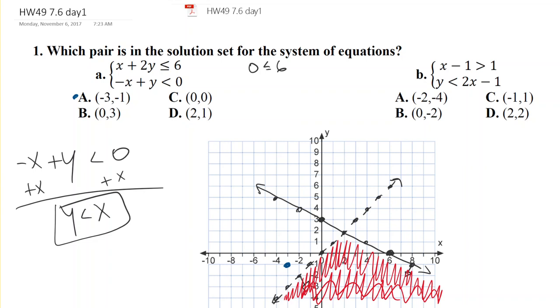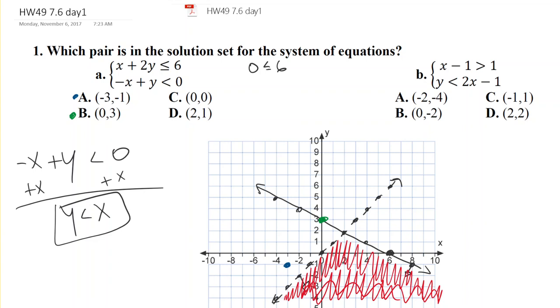So we can see pretty quickly negative 3, negative 1 isn't a solution. How about B? 0, 3. Well, 0, 3 is on that solid line, right? But it's not below that dashed line. So that one looks like it's going to be a no too.